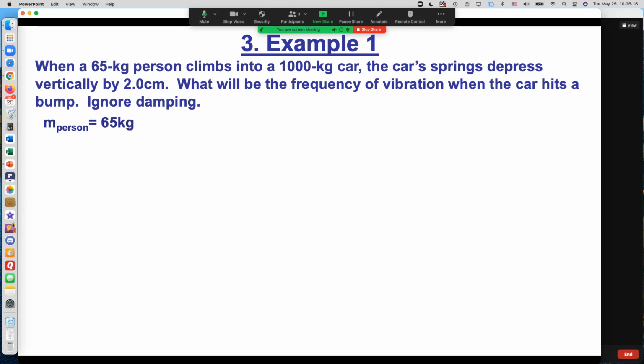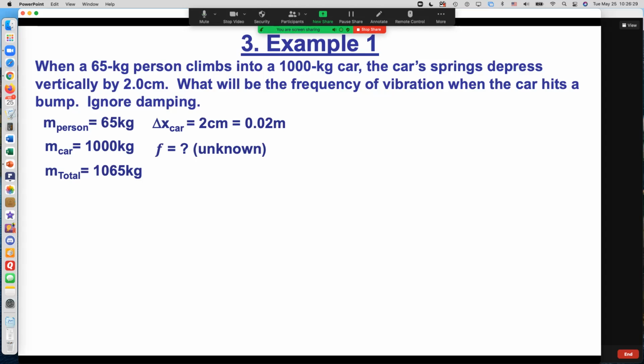So mass of the person, 65 kilos, mass of the car, 1,000 kilos. The total mass, 1,065 kilos. The displacement of the car, 2 centimeters or 0.02 meters.